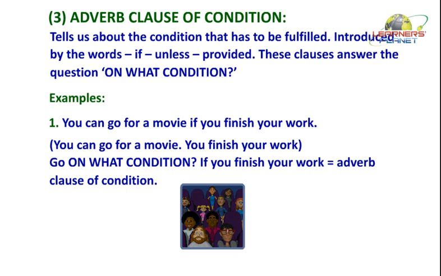The third type of adverb clause is the adverb clause of condition. From the name itself, one can understand that this clause talks about the condition that has to be fulfilled for anything to be done. This clause is joined to the main clause by the conjunctions if, unless, provided.